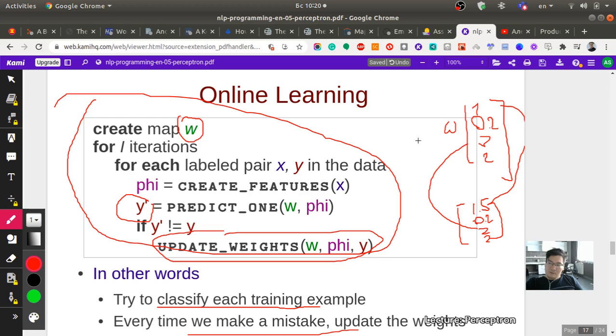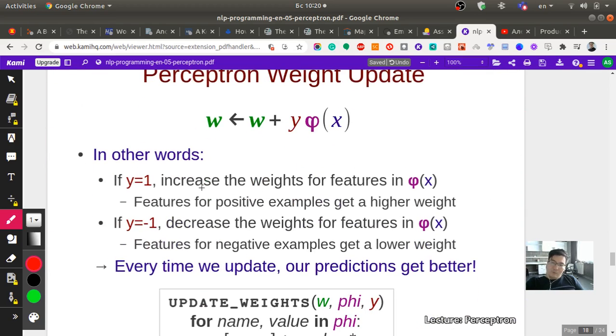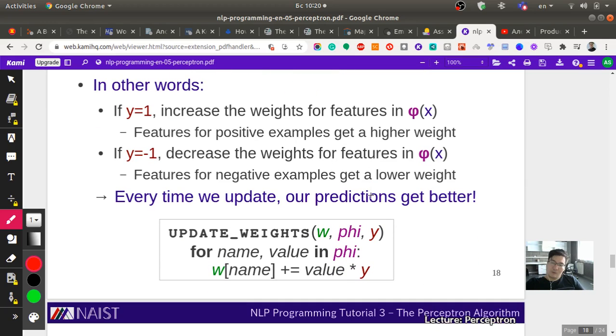If y is 1, increase the weights for features in phi(x): features for positive examples get higher weight, and decrease the weights for features for negative examples, which get lower weight. So it is a very simple algorithm for updating weights. It's not used in real cases, but you can understand it.